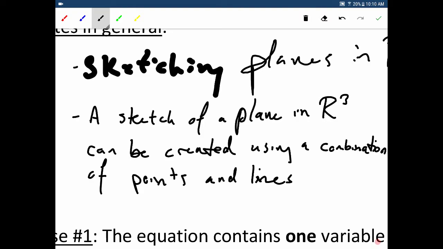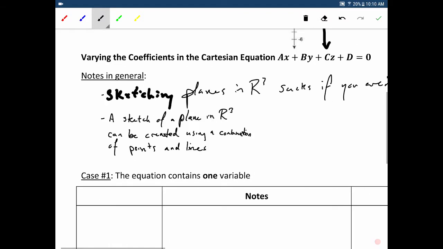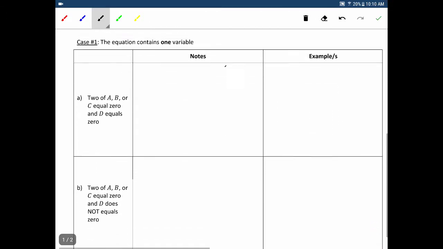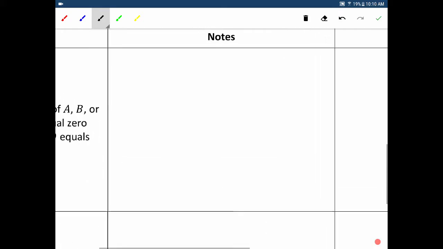Okay, so there are 3 cases. Each one has 2 versions of the case, so there's actually 6 cases, but we're going to consider it 3 cases. The first one we're going to look at is if 2 of A, B, and C equal 0 and D equals 0. Now, if this is the case, in actual fact, the third one equals 1 kind of.